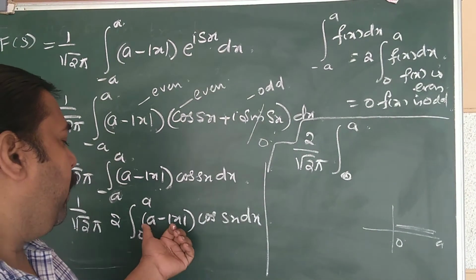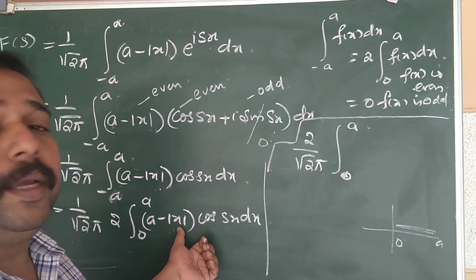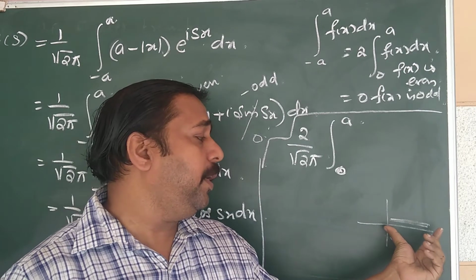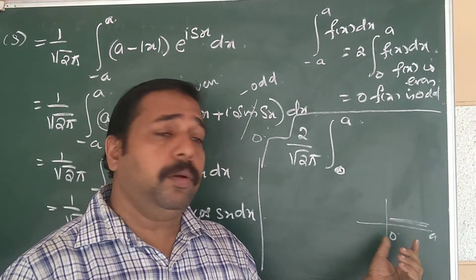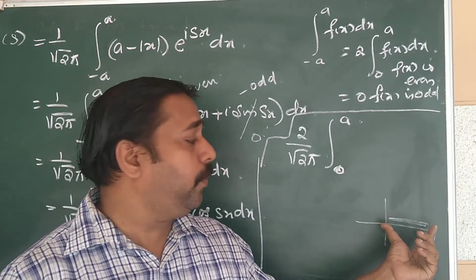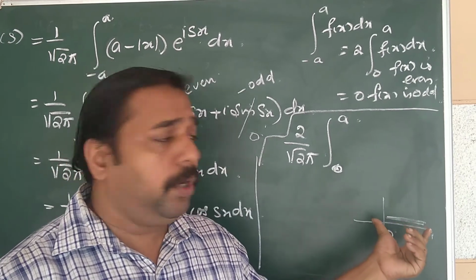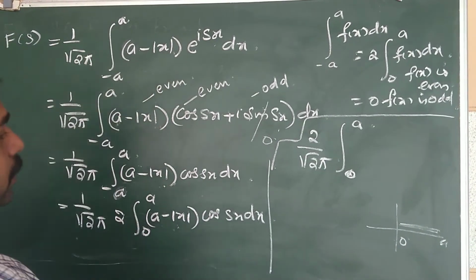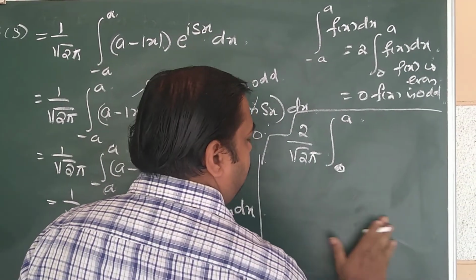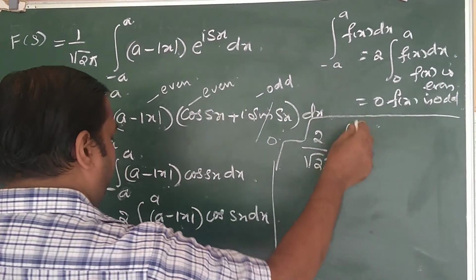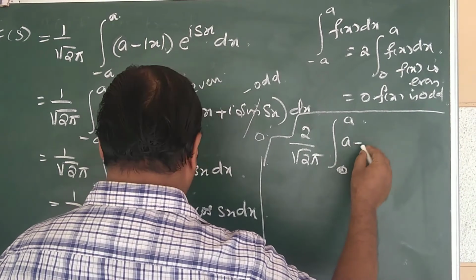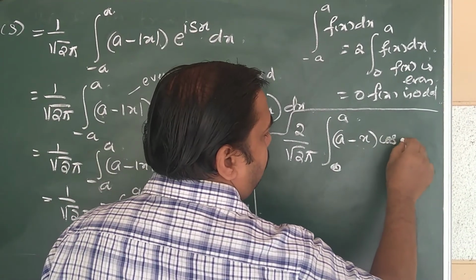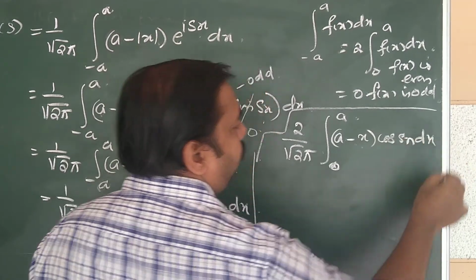So we can write a minus mod x as a minus x. For mod x it takes minus and plus values, but the limit is 0 to a, therefore fully positive values, and we don't need to put the modulus sign. So this is the integral from 0 to a of a minus x cos sx dx.